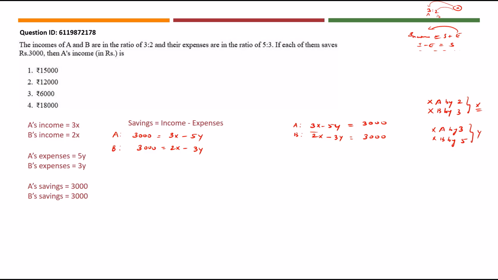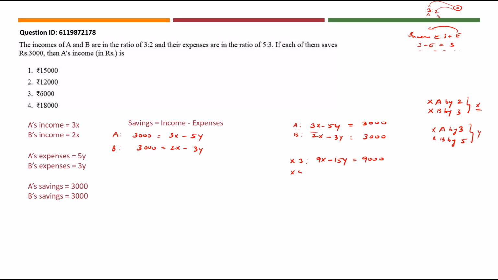So since we want something regarding A, what I feel is we will find the value of x itself. So let's multiply A by 3. 3 into 3 is 9x, 5 into 3 is 15y, and 3 into 3 is 9 again, so this is 9000.